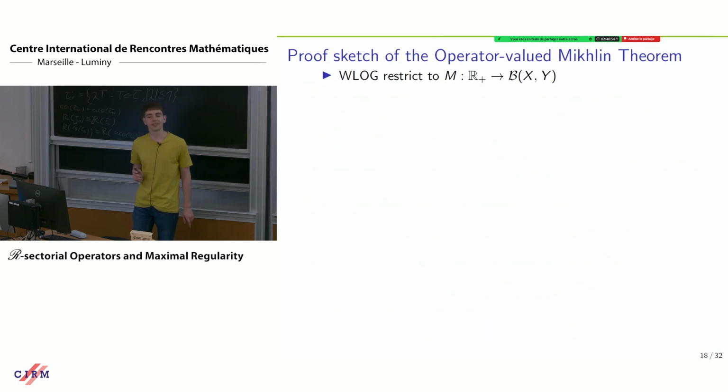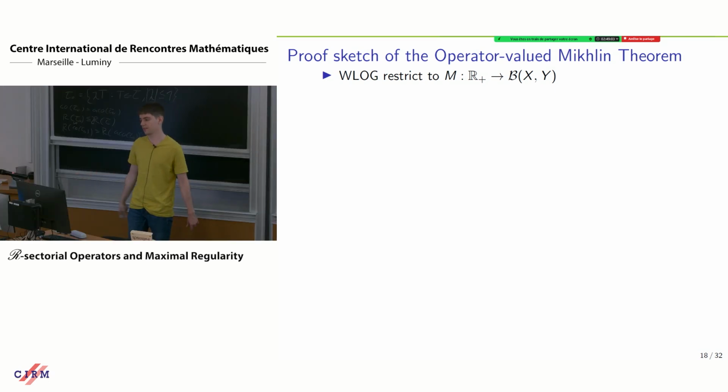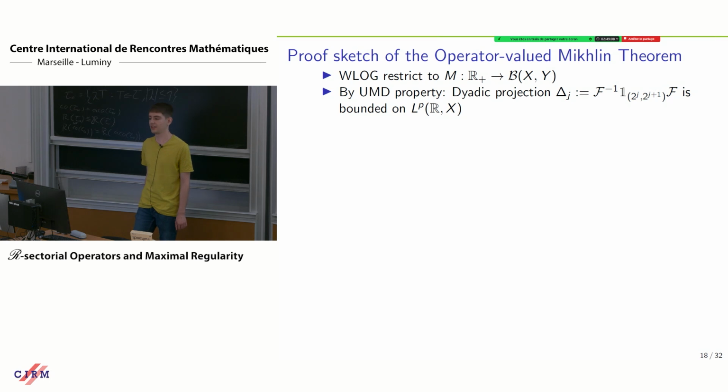So let's start. The first step will be, without loss of generality, we restrict ourselves to multiplier functions defined on the positive half line. And now we want to apply a dyadic decomposition. So we define a dyadic projection Delta_j to be the Fourier multiplier with the indicator function of the interval from 2^j until 2^(j+1). And by the UMD property, this is a bounded operator on L^p(R;X).